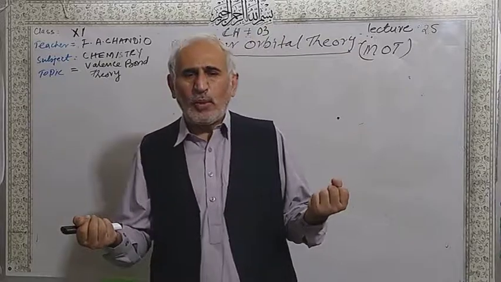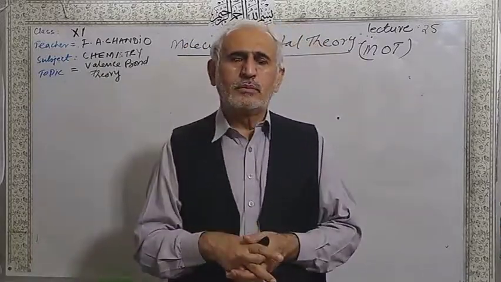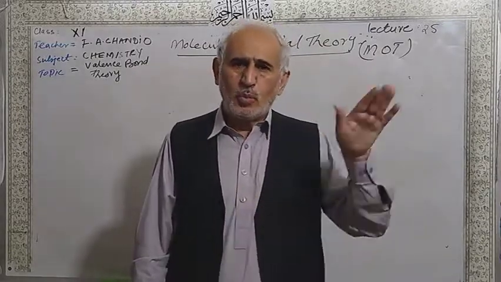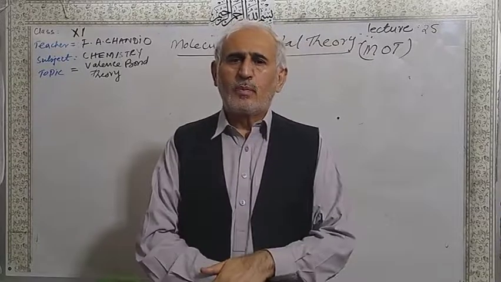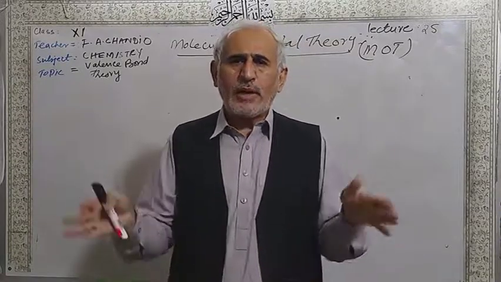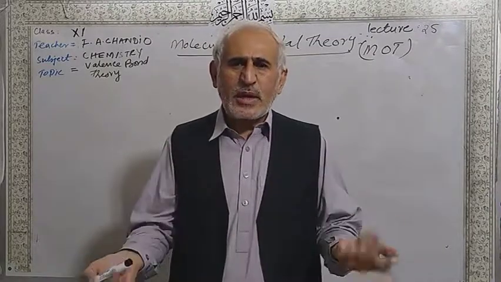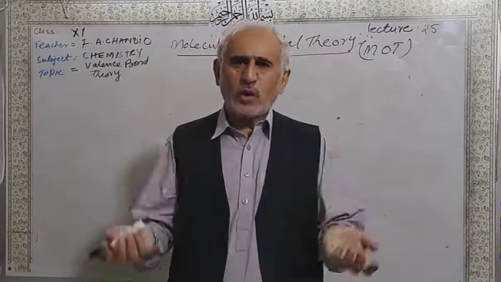One molecular orbital is called a bonding molecular orbital, which has less energy, is more stable, stronger, with perfect overlapping.